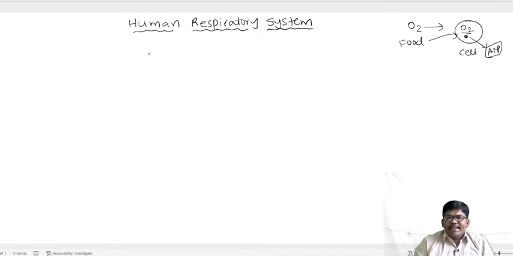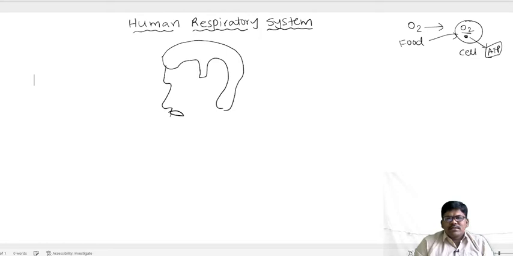Next, if you see the complete details of the human respiratory system, it contains different parts. First, if you observe, the human respiratory system starts with the nostrils. Above the lips we can see the nostrils. These are the nostrils.